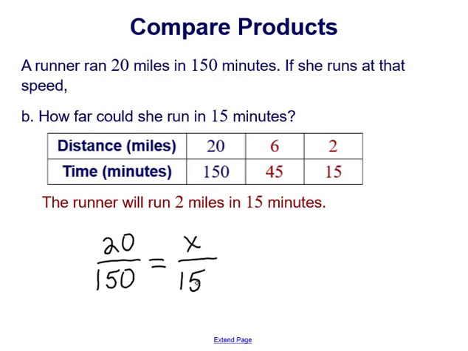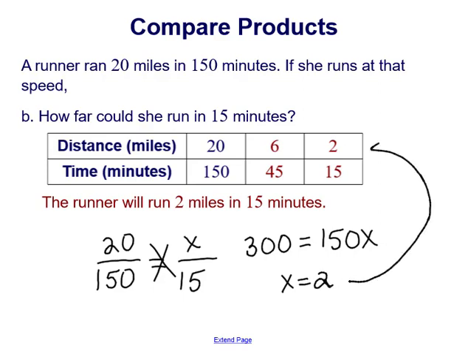So we can again cross multiply to solve for that unknown value. 20 times 15 gives us 300, and then we have 150 times x. So what number multiplies times 150 to get 300? That's where we get our answer of 2 miles. So we can fill in the table: 2 miles for 15 minutes is that same speed of 20 miles for 150 minutes.